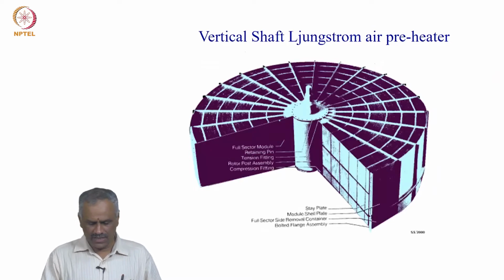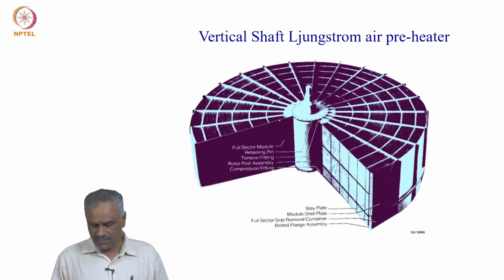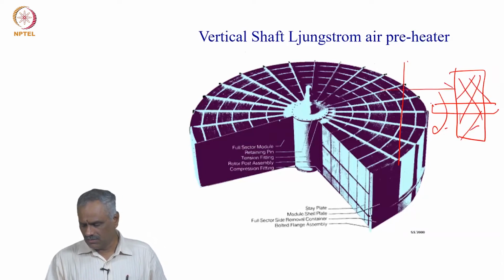As I have already explained in the previous class, this air preheater is a slowly rotating wheel made of metal matrix, and the flue gas goes like this and goes away, and the air comes from the other side, and they are channelized differently.